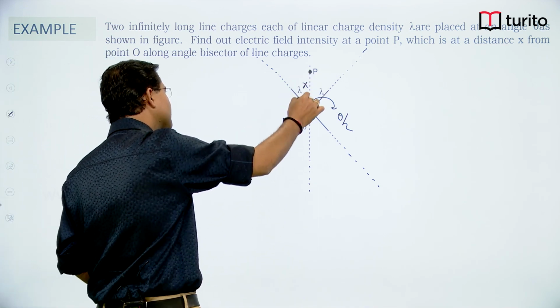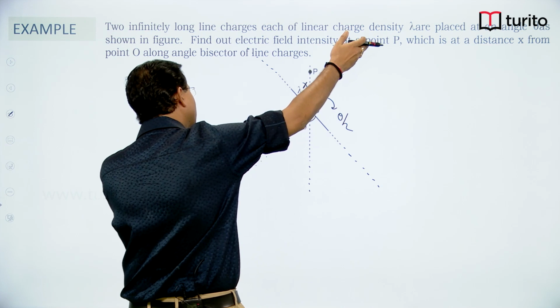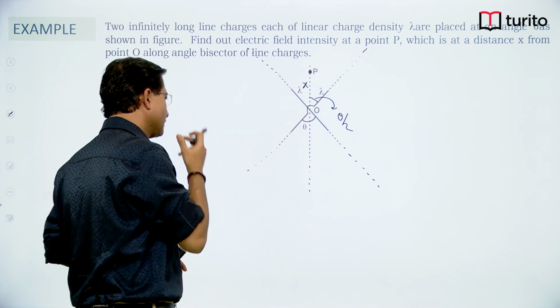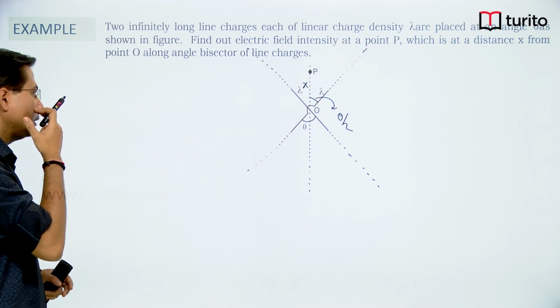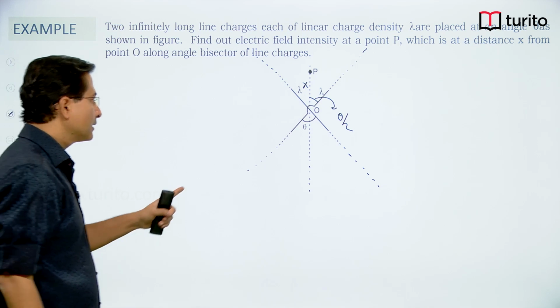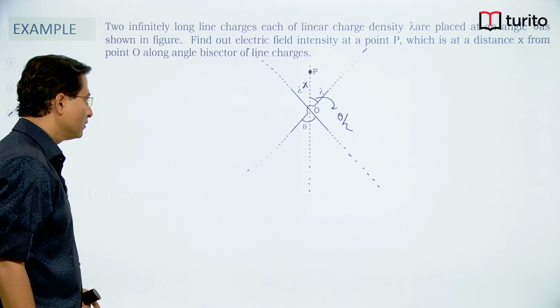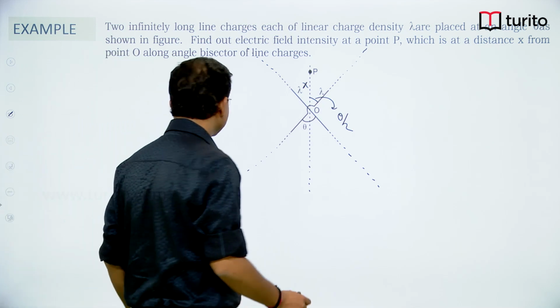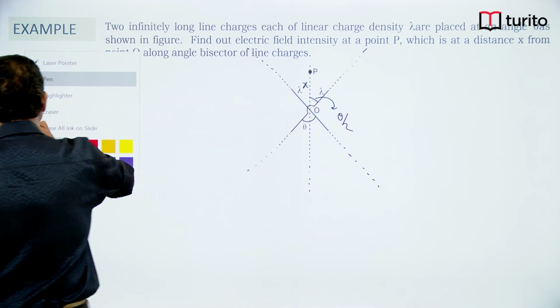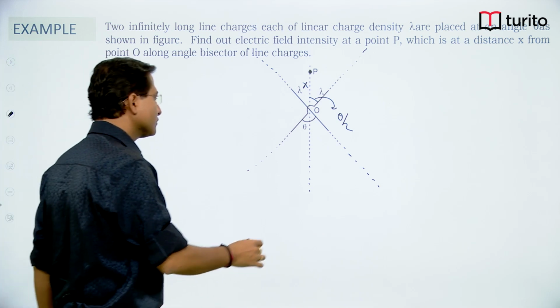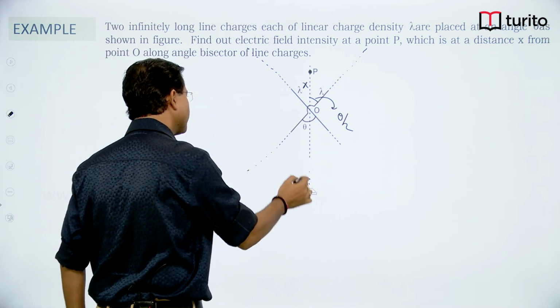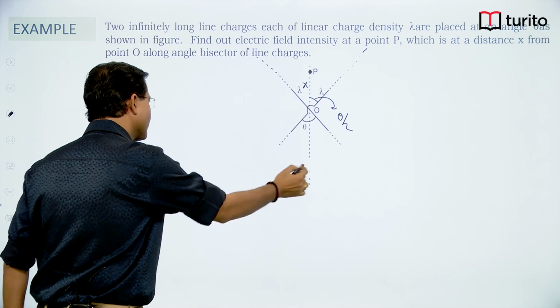This distance is x, linear charge distribution, lambda, and this angle is theta. So if I separately draw, just to make you understand, I will draw another diagram so that it will be more clear.